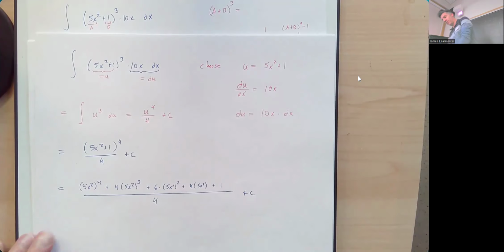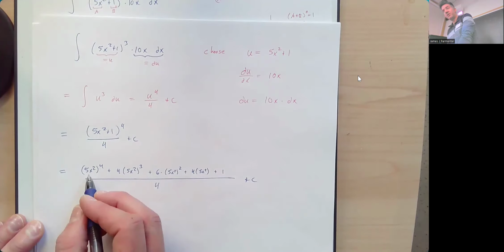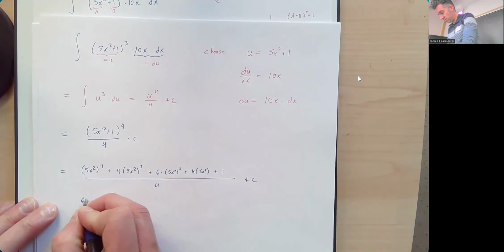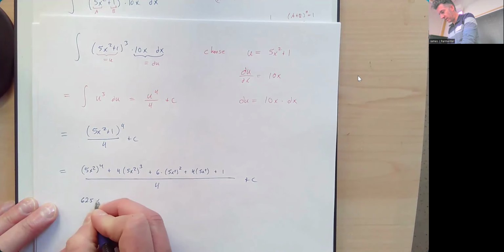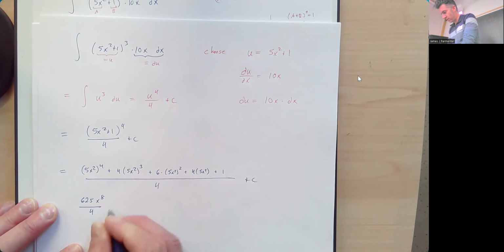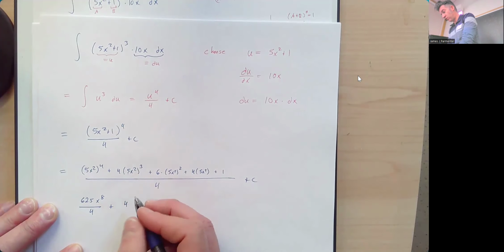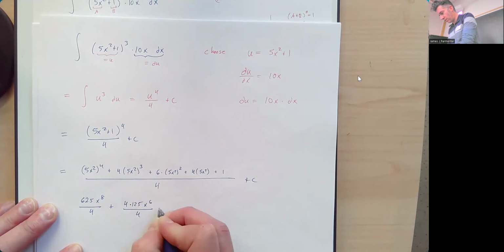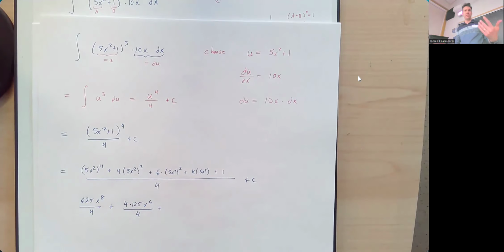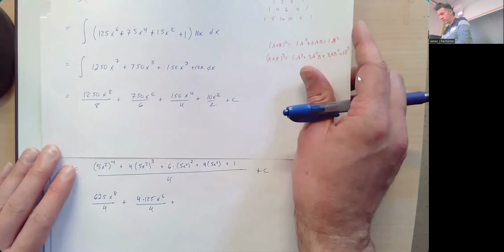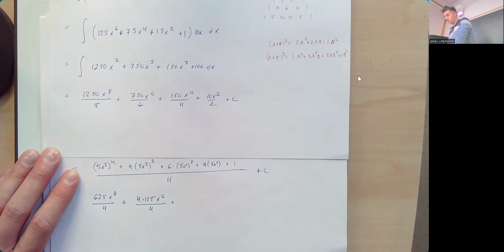I'm just using that Pascal's triangle again, but now it's the 4th pattern, the 1, 4, 6, 4, 1 pattern. So let's, okay, multiplying it out. So what's 5 to the 4th? It's 625. x squared to the 4th is x to the 8th, over 4, plus 4 times 5 cubed, which is 125, x to the 6th over 4. I'm breaking it up just because I'm hoping to make sure that it looks the same as this up here.